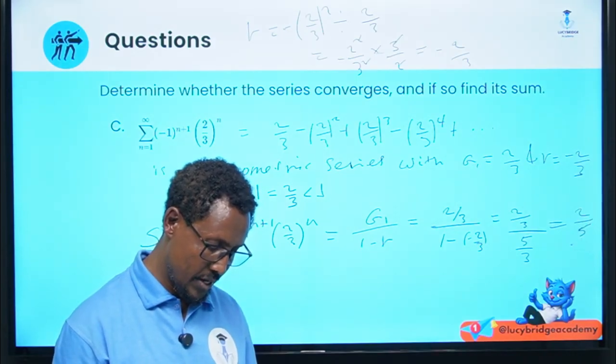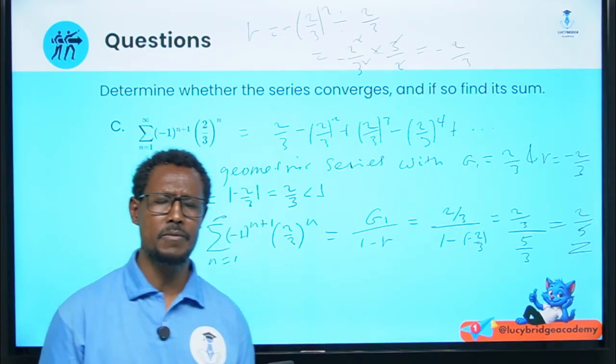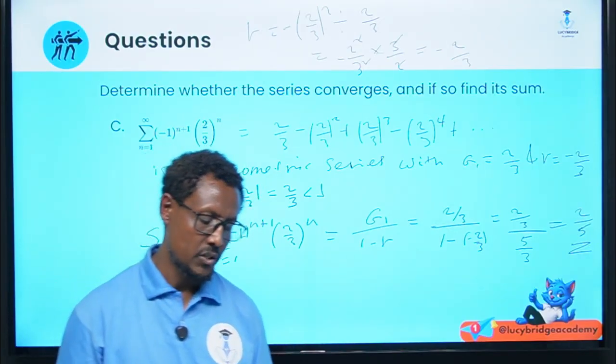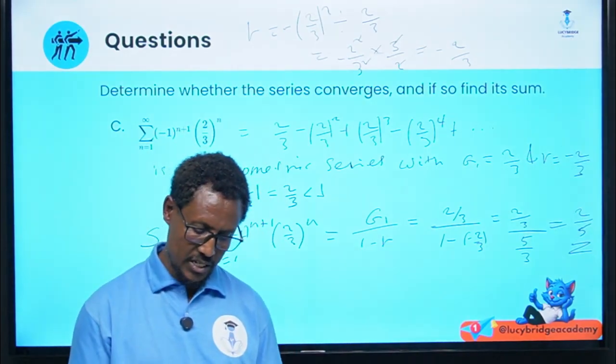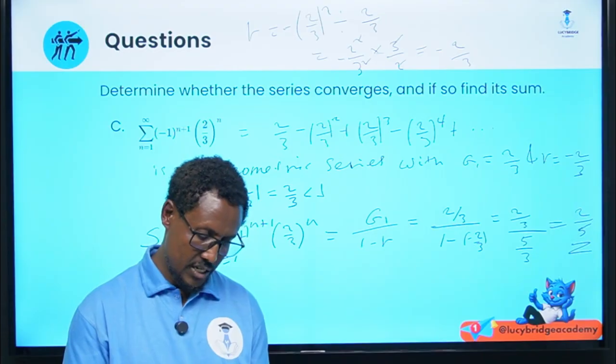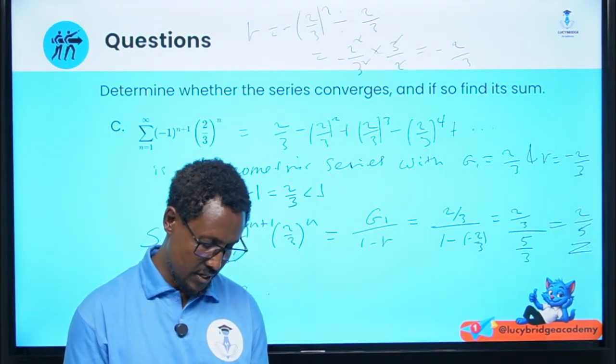2 over 5. Okay, the sum of the given geometric series is 2 over 5.